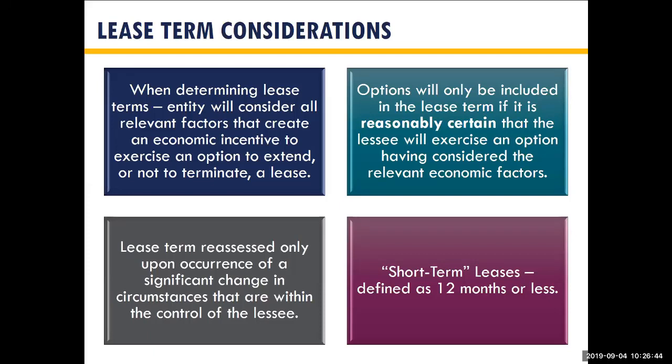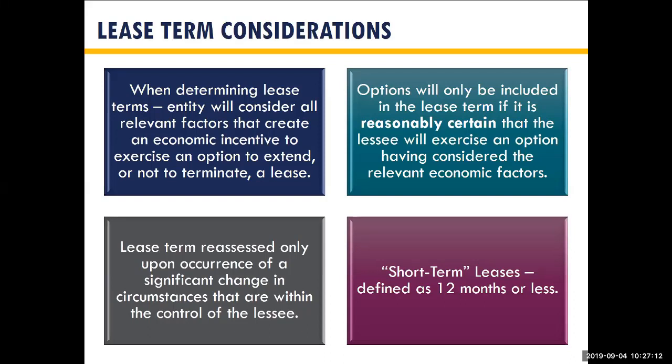Or maybe there's an exercise option that at commencement you weren't reasonably certain to exercise, but now you've actually exercised that option, that would be a factor that's within the entity's control. That reassessment would need to take place. Factors that are really outside the entity's control, market rates. Let's say lease rates are significantly increasing or decreasing.